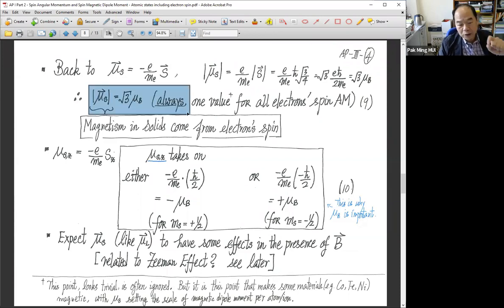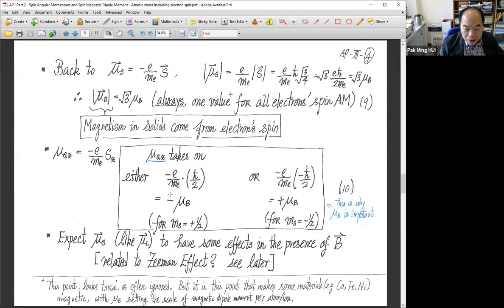And that is very important, okay? I will elaborate on it a little bit further. And now let's look at the Z component. It is proportional to S, therefore S_z will give the Z component of the spin magnetic dipole moment. Recall that this can only take on plus half minus half h bar. We plug this value in.